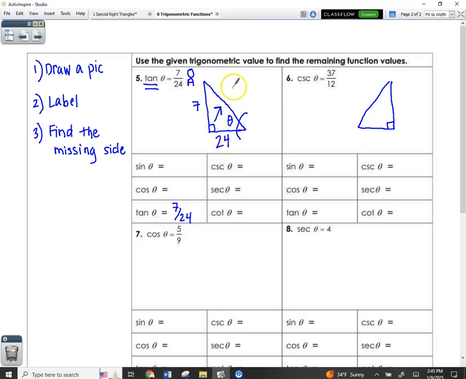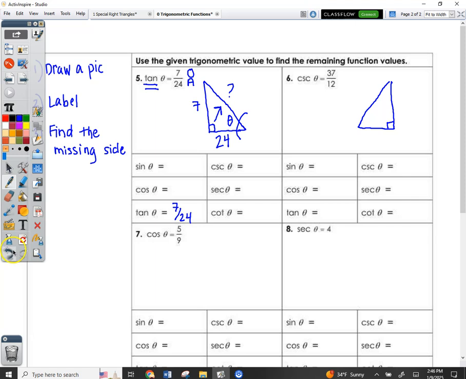Now I know I've got to find that hypotenuse using Pythagorean theorem. So that's going to be 7 squared plus 24 squared equals c squared.